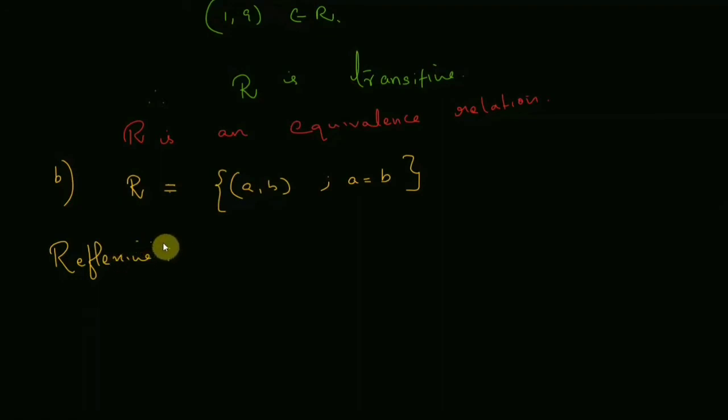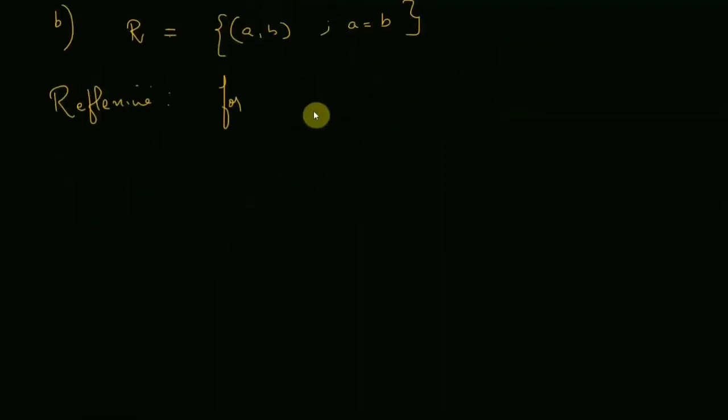Because for every A, A comma A belongs to R. For example, you take 2. 2 belongs to A. 2 is equal to 2, right? So 2 comma 2 belongs to R. 3 comma 3 belongs to R because 3 is equal to 3. The condition is A is equal to B. So the relation R is reflexive.